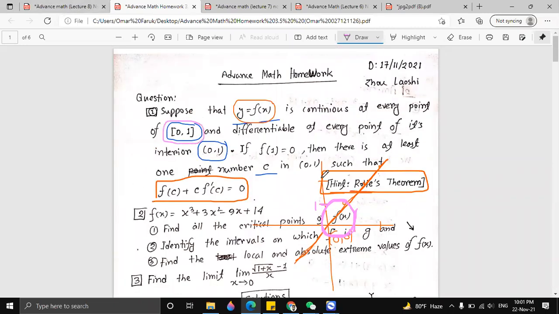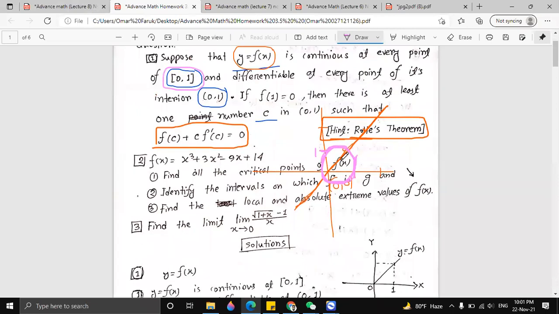In this part the line is a straight line, so it has no hole. A hole means, suppose I am drawing a line, but here is a hole.